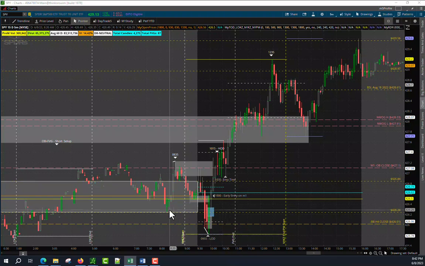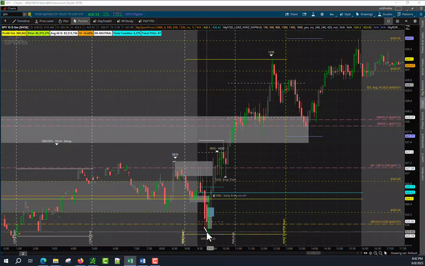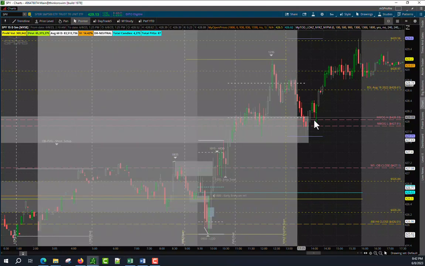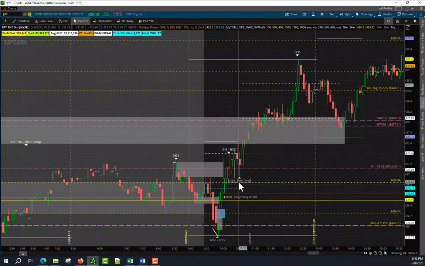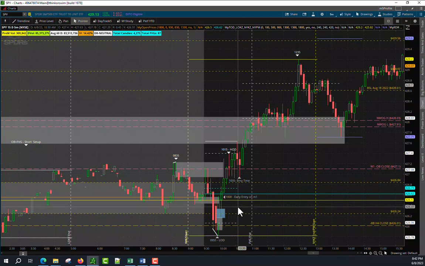We can see that it takes out the liquidity right here, the buy side liquidity, and because we look at the 1 minute time frame, it gives us a very good indicator. It's a really strong bullish signal for it to go up.